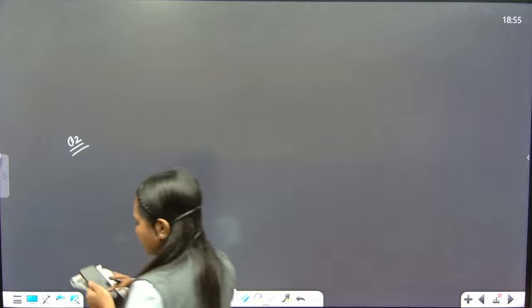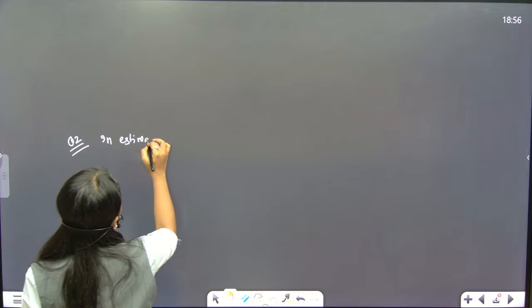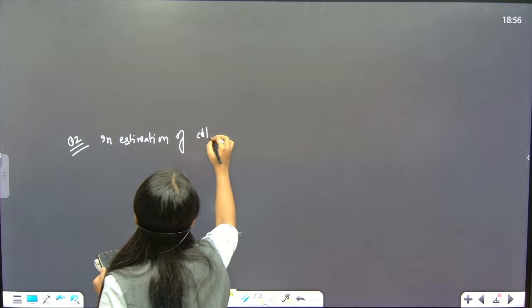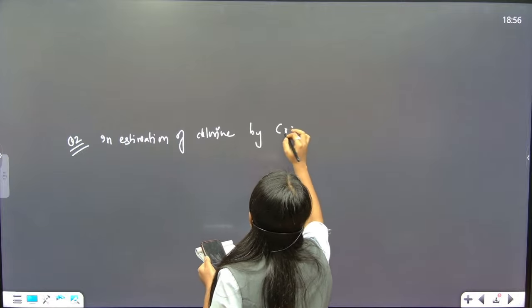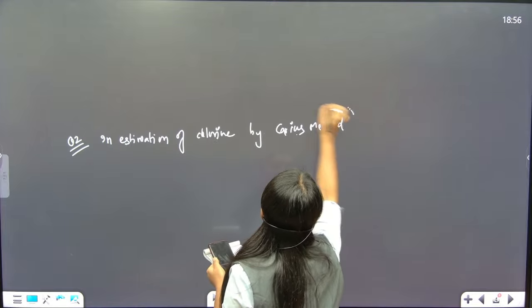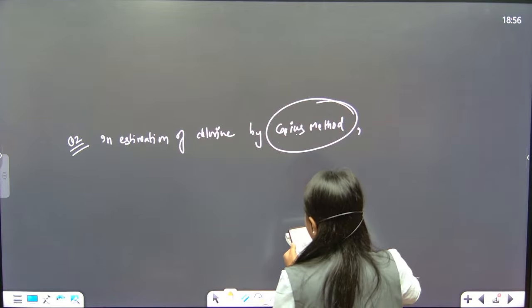So the question is, in estimation of chlorine by the Carius method. This question is from purification and analysis, and the Carius method is used for halogens.